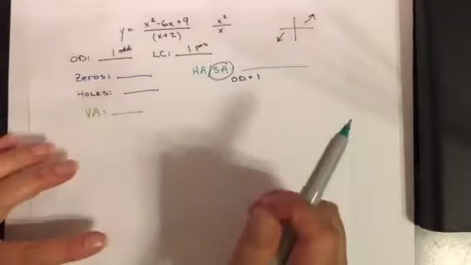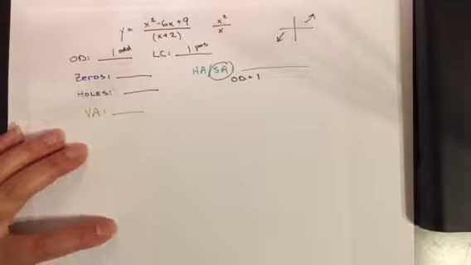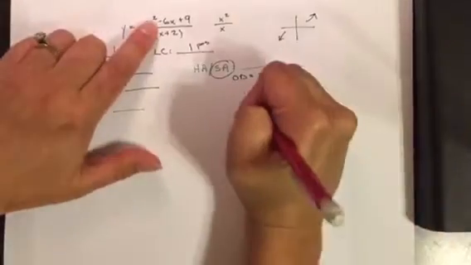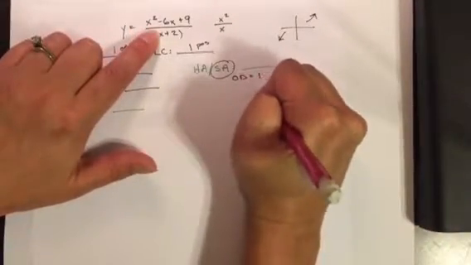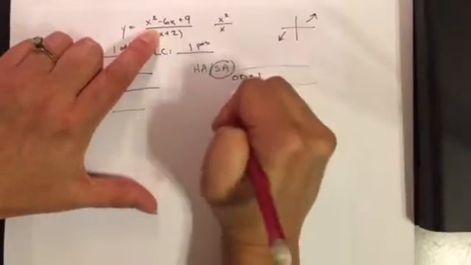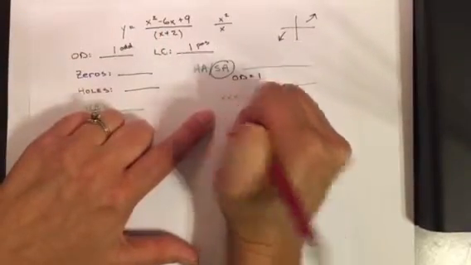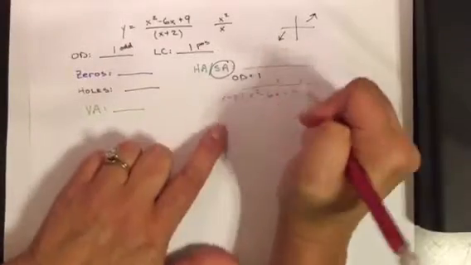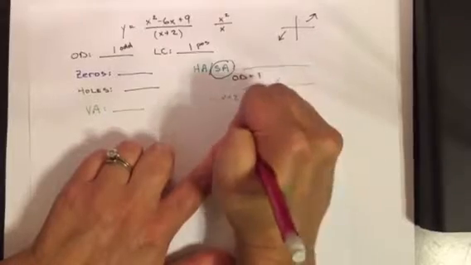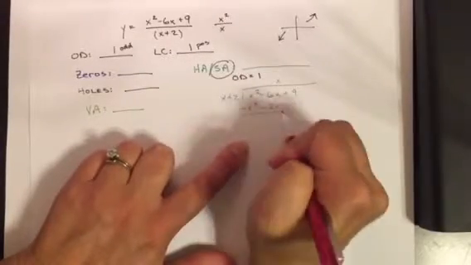In order to find the equation for the line, I'm going to need to do some long division here. So I'm going to take my numerator and divide it by my denominator. So x, so this will be x squared plus 2x, and remember I'm subtracting.